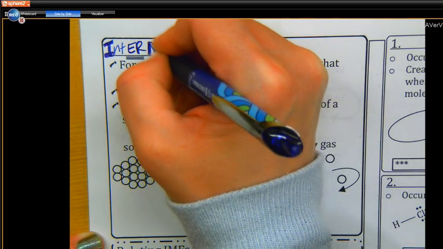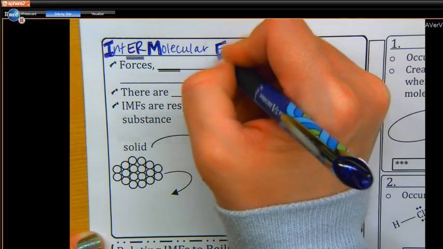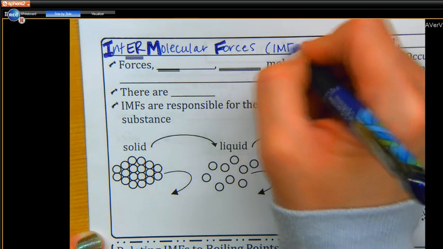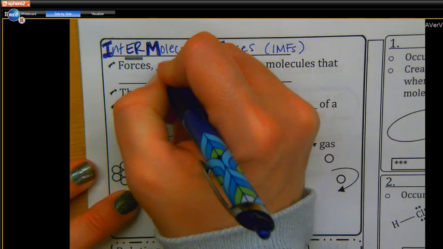Intermolecular forces are responsible for the phase of a substance. They determine whether something is going to be a solid, a liquid, or a gas. Okay?